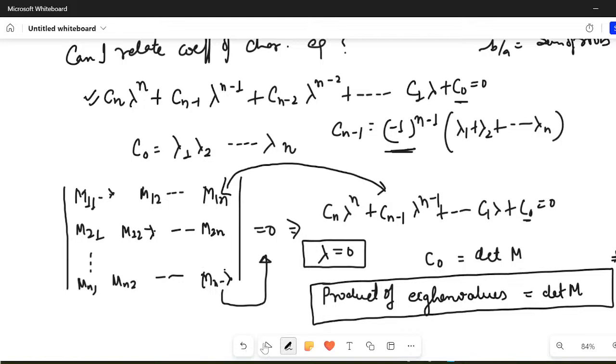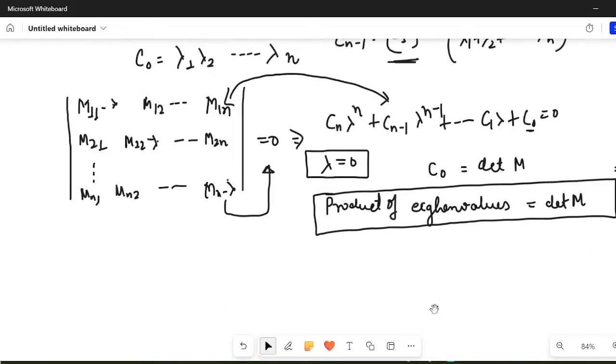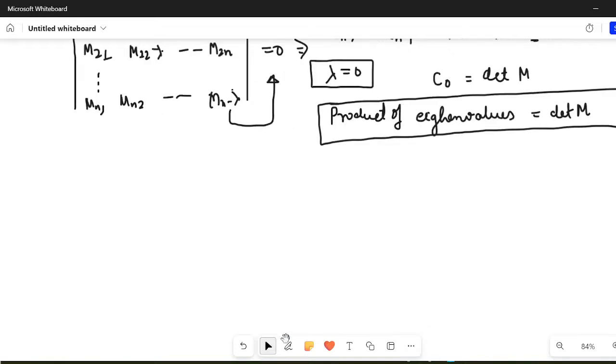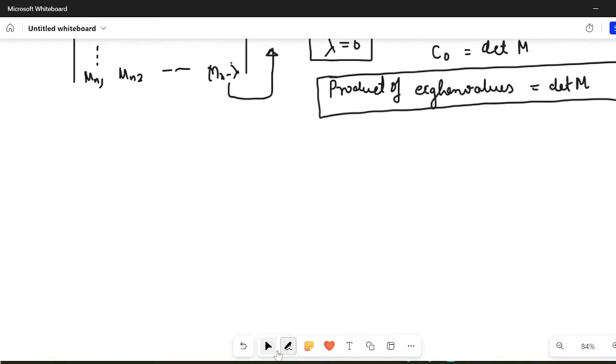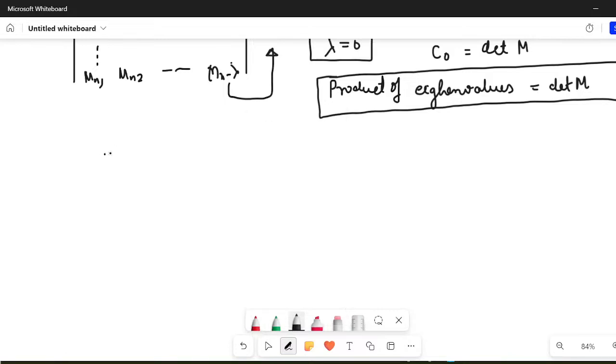Okay. Now, if I want to relate it to the sum of eigenvalues. Now just remember, a little bit ago, so I'm writing sum of eigenvalues.